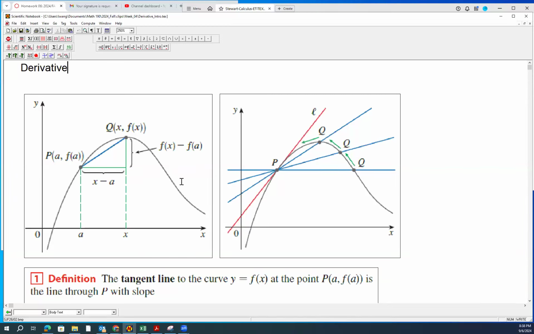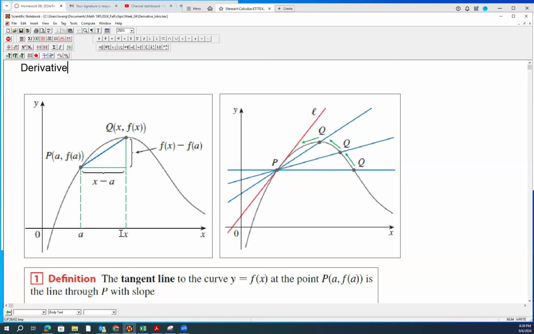So we're going to use the idea of rise over run. We choose another point Q, which is nearby, very close to P. And between P and Q, we find the rise over run.